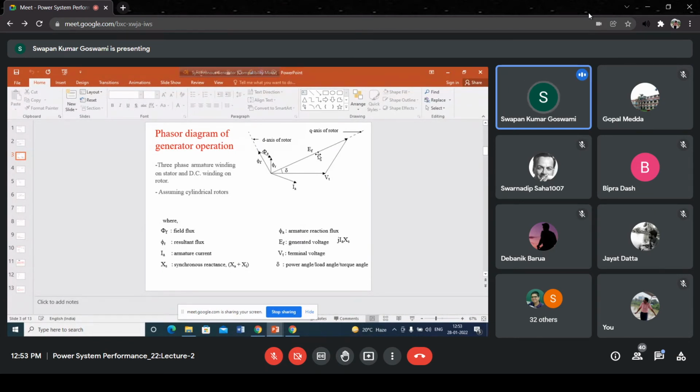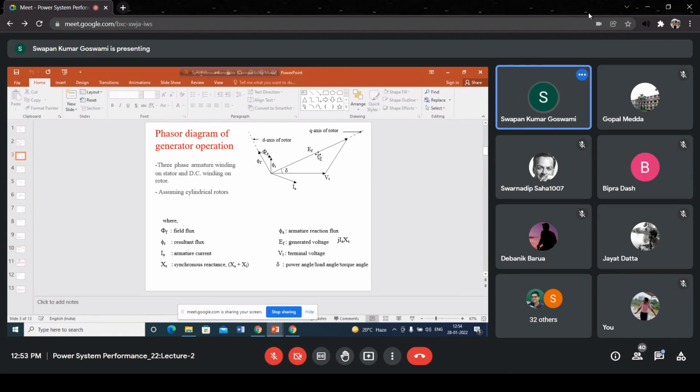Could you understand the discussions I have made here regarding the phasor diagram of the cylindrical rotor type synchronous generator? Remember that EF is leading Vt by an angle delta. This is the phasor diagram of a generator. For a generator, power flows from the machine to the terminal. That's why EF is leading Vt. When we talk about the motor, the direction of power is just reverse.